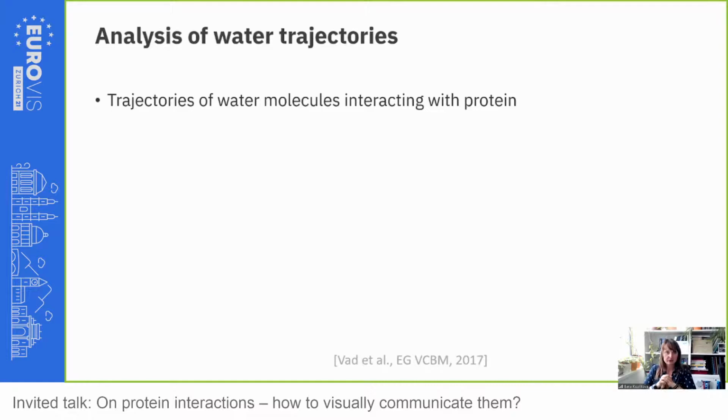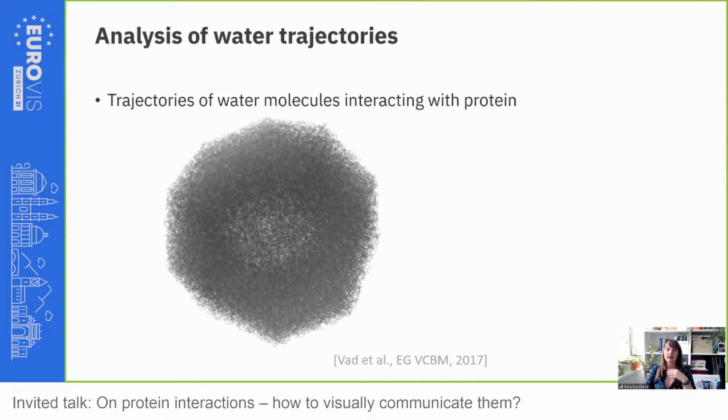We also were trying to contribute a bit to this category and analyze this flow of many water trajectories around and inside the protein structures. So with Victor Matt and colleagues at TU Wien, we were designing a tool where basically the input looked somehow like this.